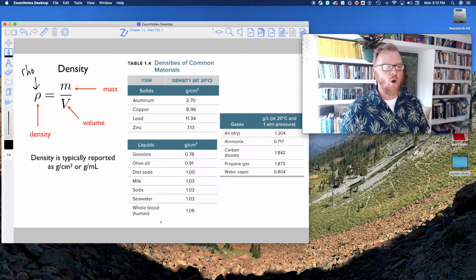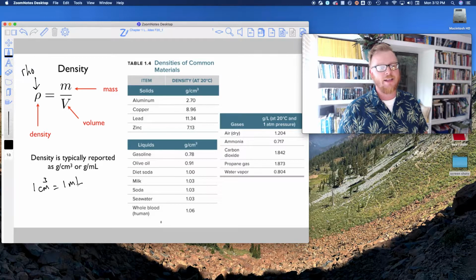Get used to seeing density in grams per cubic centimeter or grams per milliliter. I'm going to prove this to you in a few slides, but 1 cubic centimeter equals exactly 1 milliliter. I want you to remember that a cubic centimeter is the same as a milliliter. So that's why we can report density in grams per cubic centimeter or grams per milliliter.